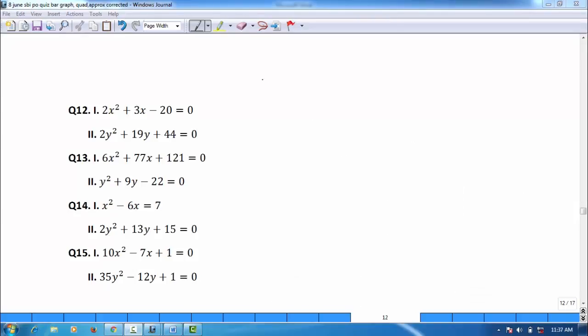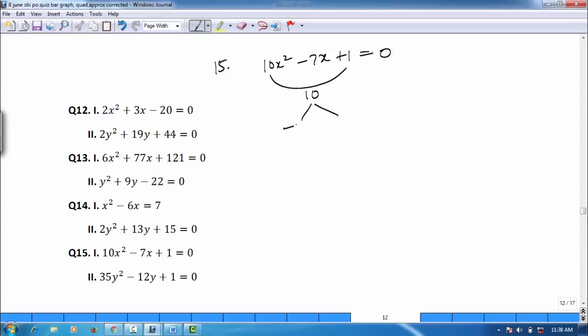Question number 15. The first equation is 10x square minus 7x plus 1 is equal to 0. On multiplying 10 with 1 we get 10. So it can be further divided into minus 5 and minus 2.